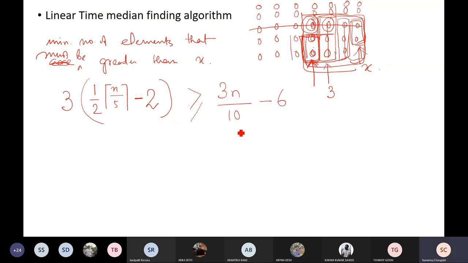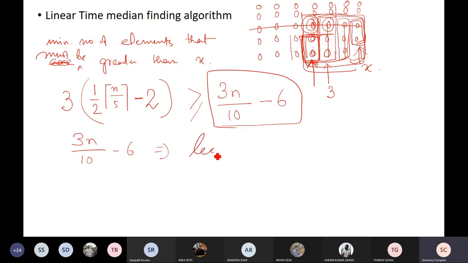So from here we can write that there are at least 3n by 10 minus 6 elements which are greater than x, right? Similarly, on the other side, there are at least 3n by 10 minus 6 elements which are less than x, and this will be this group.